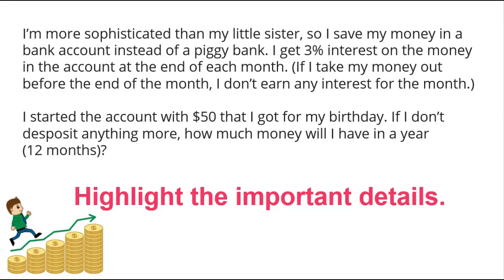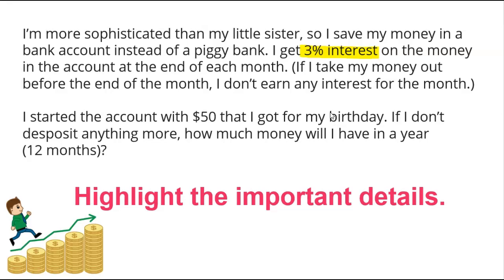I started the account with $50 that I got for my birthday. If I don't deposit anything more, how much money will I have in a year, which is also known as 12 months? What is our important information here? It says to highlight the important details. I think this is a really great method for word problems, for story problems. We can go through and highlight the numbers or the things that are relevant to setting up the problem.